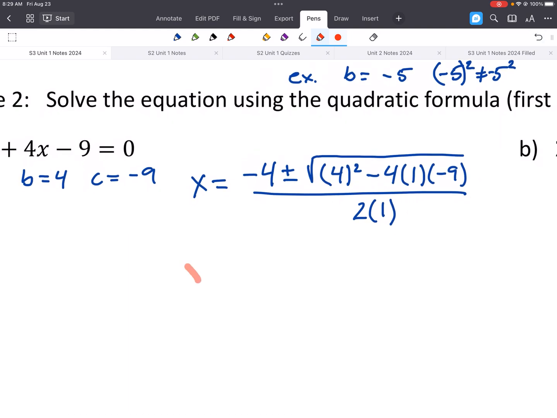When you do that, we're going to end up getting the square root of 52. Okay, so the discriminant is very helpful. It will tell us what types of solutions you're going to see.